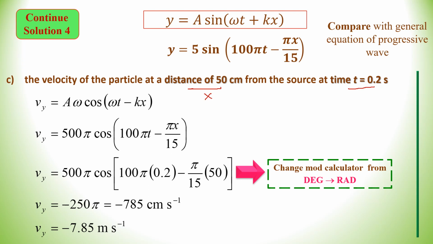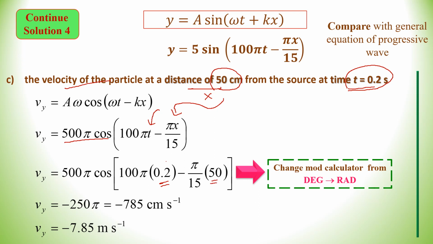So we copy again: Vy equals 500 pi cos bracket 100 pi t minus pi x over 15. Now I want to calculate the velocity at x equals 50 cm and t equals 0.2 second, so we substitute x with 50 cm and time with 0.2.